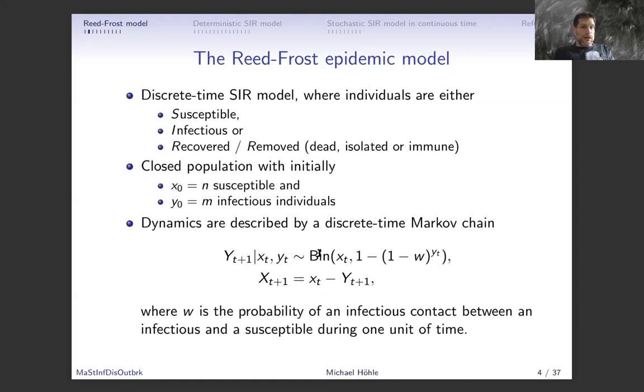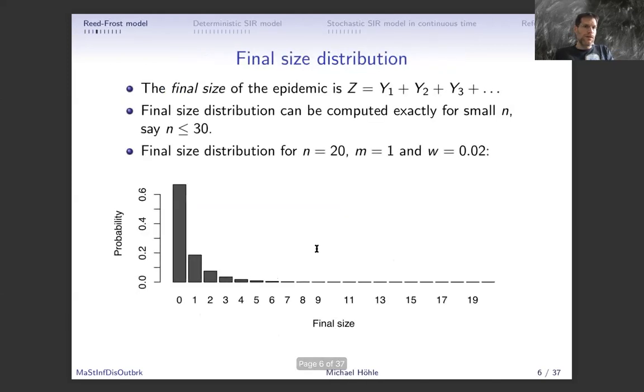We can then look at properties of this model. Tom described some of it, and one of them was the final size of the epidemic, which was simply the number of additional infected people we get beyond this M initially infected persons or animals or individuals, whatever we're looking at.